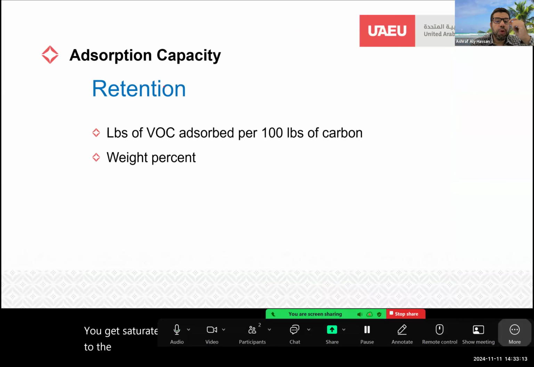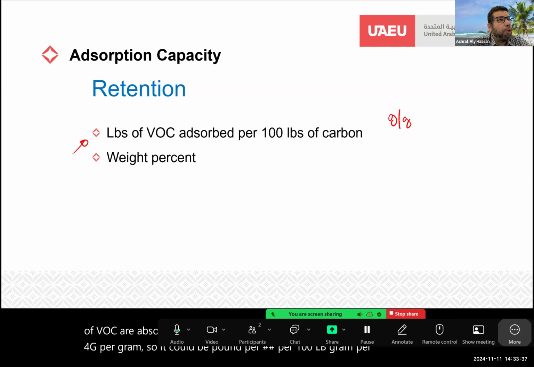And this is what we call the adsorption capacity. Once you reach the capacity, that means all the sites are blocked. And this is calculated in how many pounds of VOC are adsorbed per 100 pounds of carbon, or gram per gram. So it could be pound per pound, pound per 100 pound, gram per gram, gram per kilogram. So it's actually a weight percent.